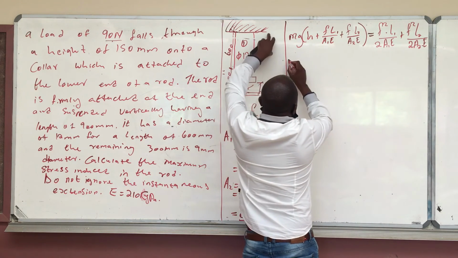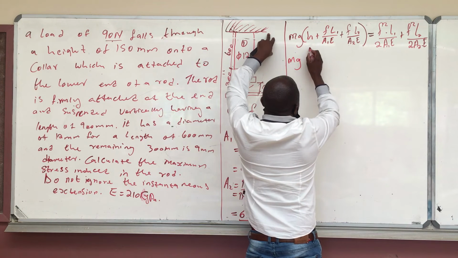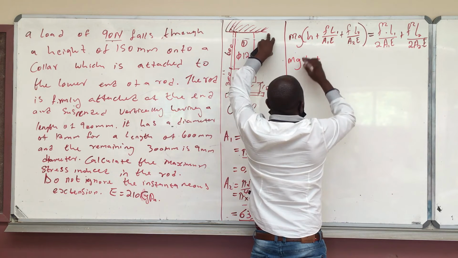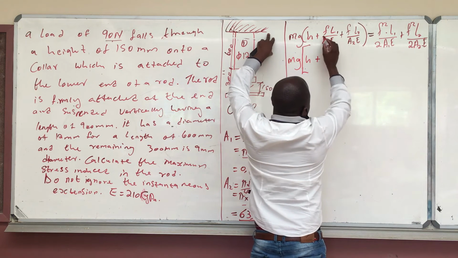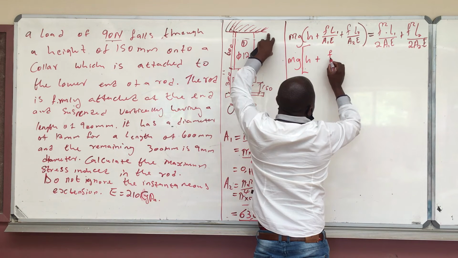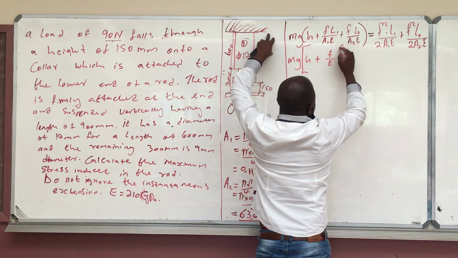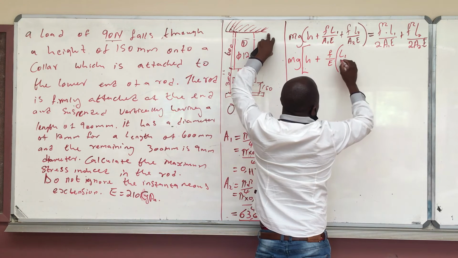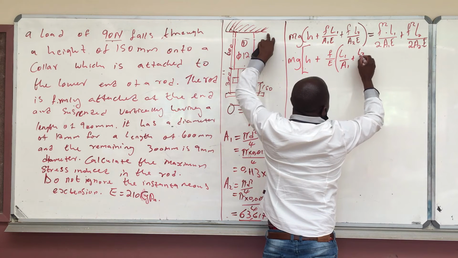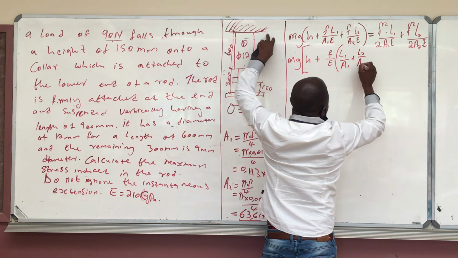We have mg into h plus. We said F is the same, I can take it out. Then we said E is the same, I can also take it out. Then I said L1 over A1 plus L2 over A2.